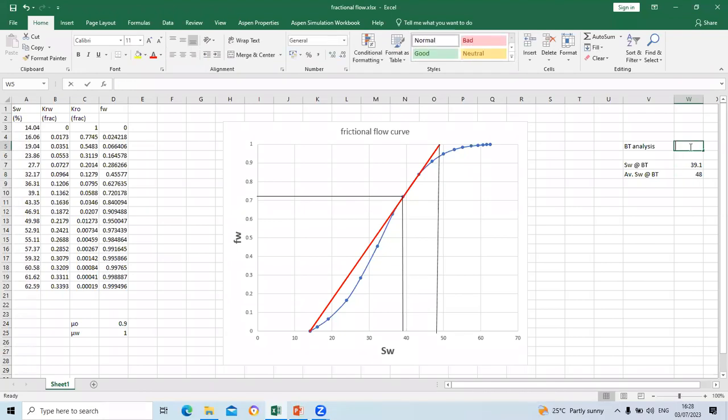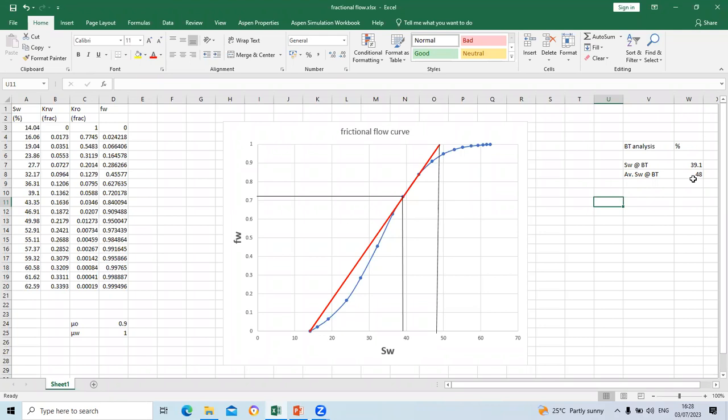Remember, it is in percentage, so don't get confused and ask why it is like this. If you look at the water saturation here, it's in percentage. So our frontal water saturation at breakthrough is 39.1, and the average water saturation behind the waterfront is 48%.